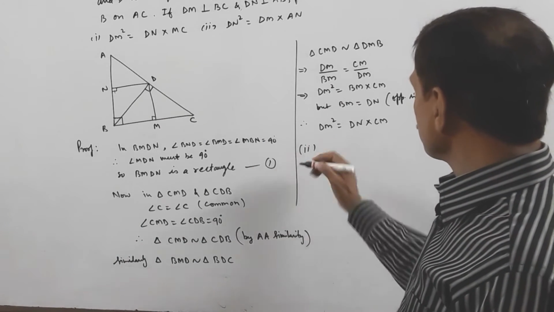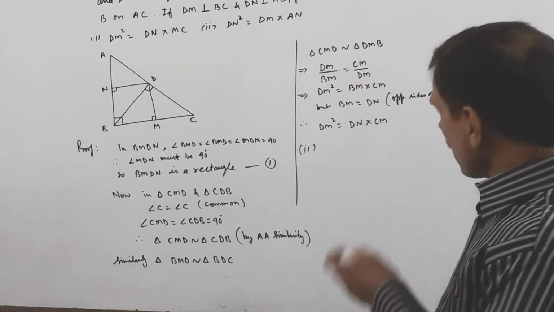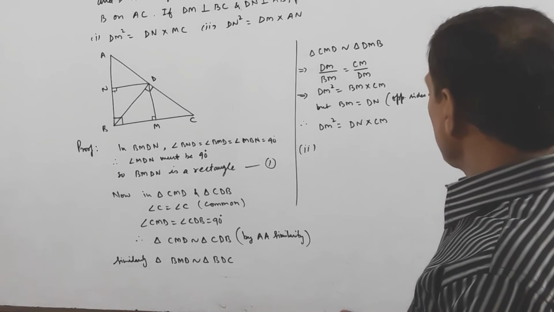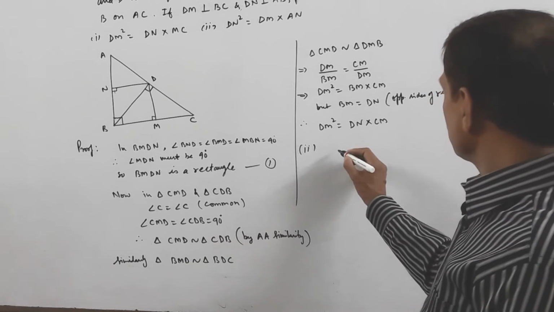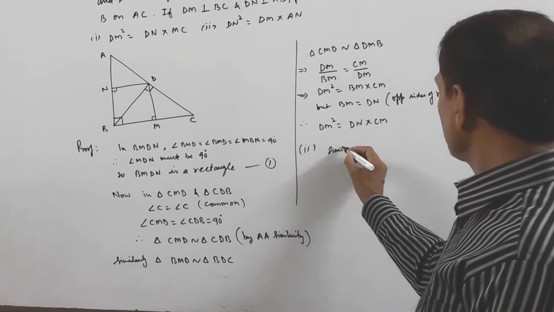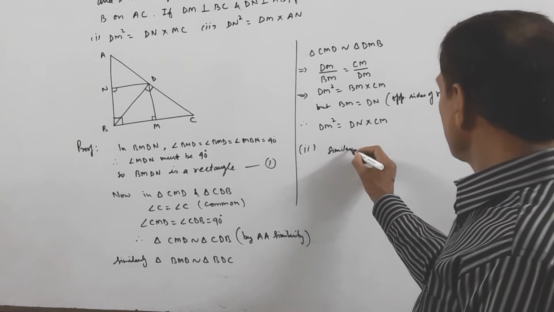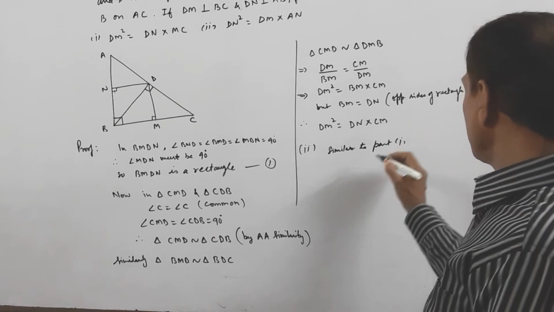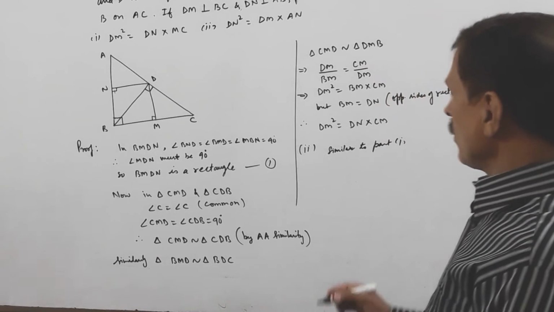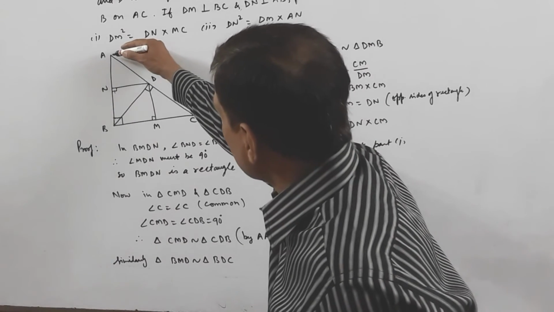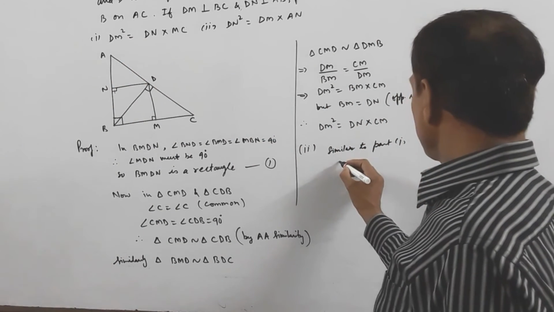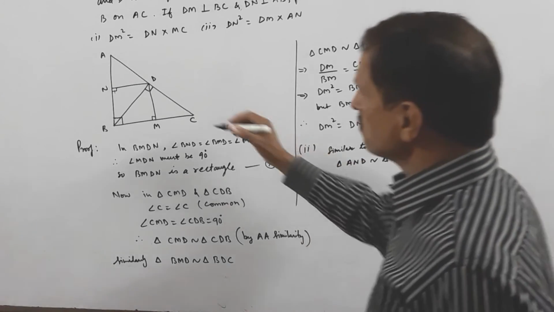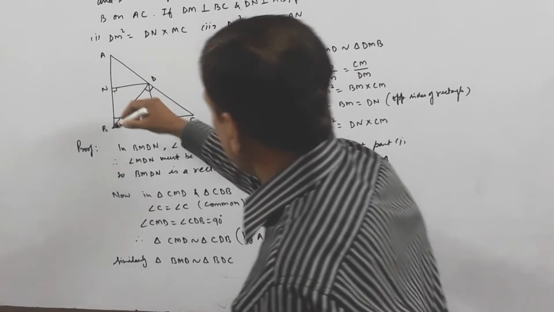Second part, as proved in first part, we can prove that triangle AND is similar to triangle DNB.